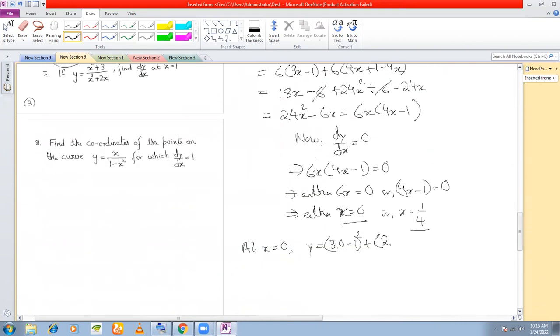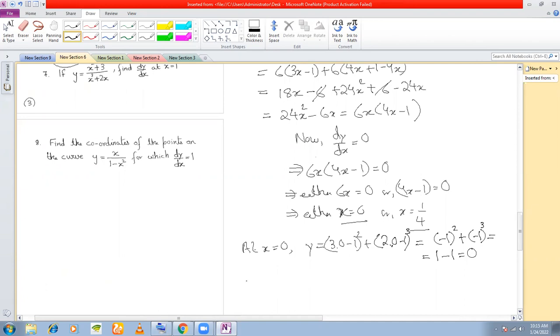So 2 into 0 minus 1 whole cube, right? So you get here minus 1 square plus minus 1 cube, which is 1 minus 1, which is 0, right?